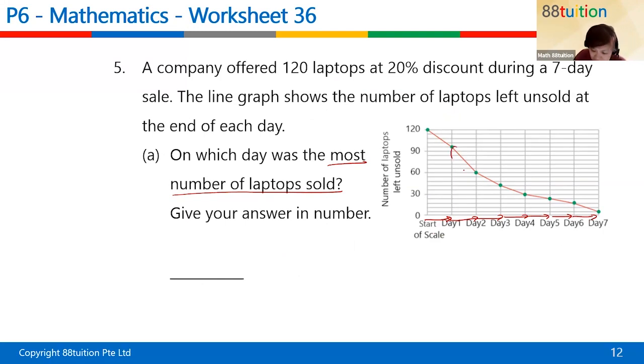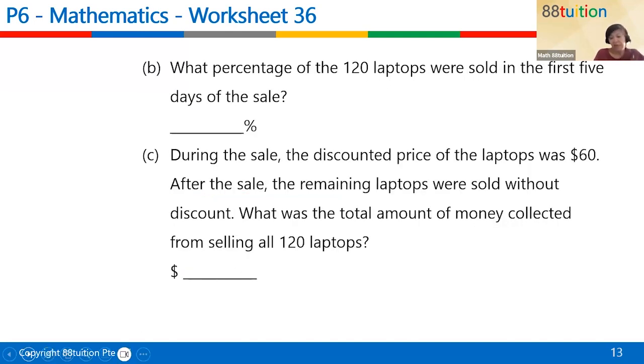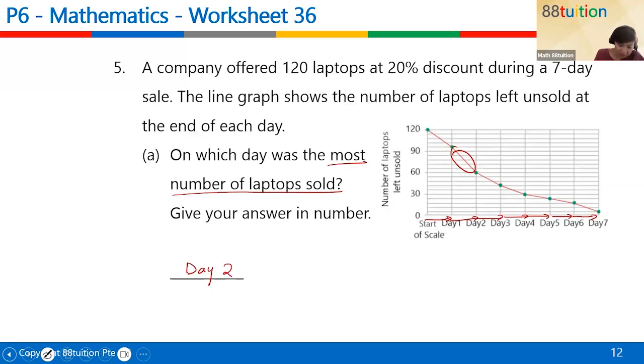So the first drop is this one. All right. So when it dropped the most, it will be very steep down. Then this is day 2. So what percentage of the 120 laptops sold in the first 5 days of sale? So for the first 5 days of sale, you have 90 to how much? Can you see what that is?